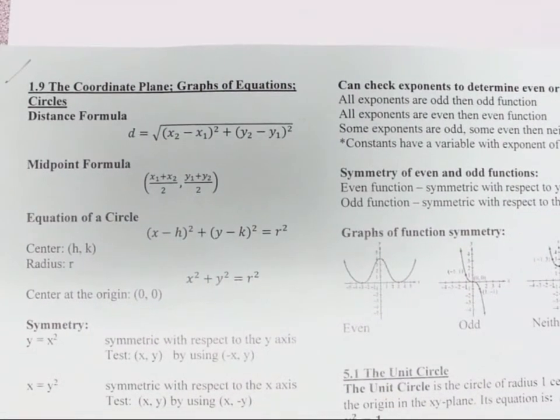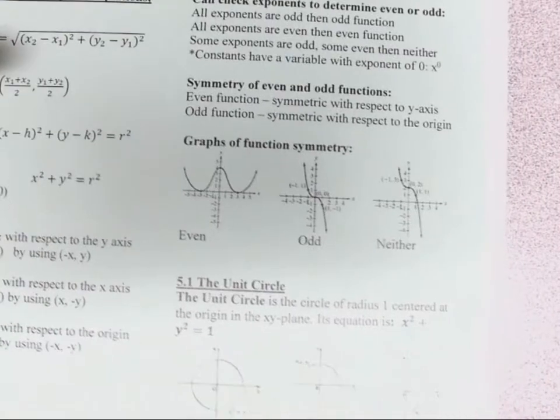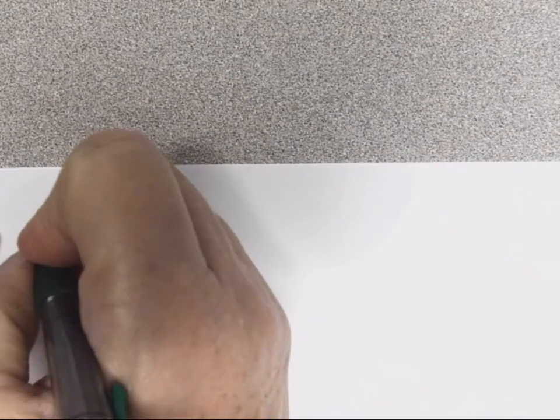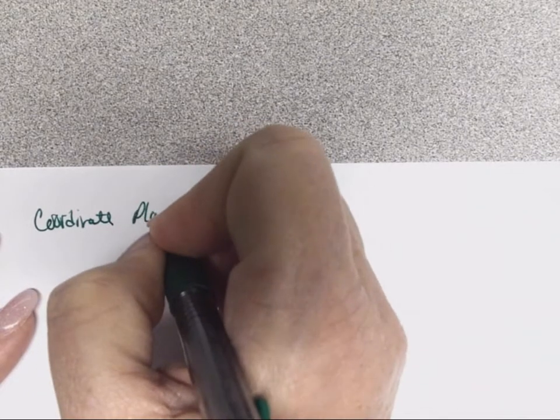So we're talking about the coordinate plane and the equations of a circle. And first thing we want to understand is for the coordinate plane, we have 4 quadrants.